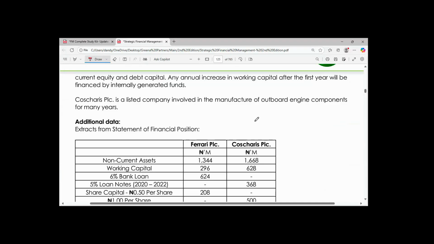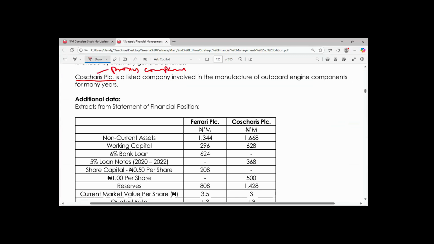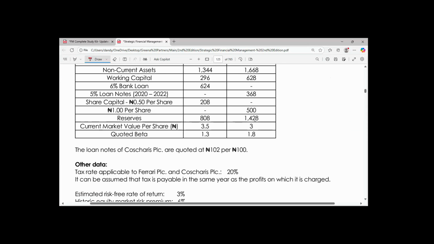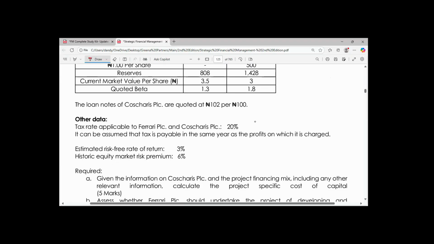Coscharis PLC is a listed company involved in the manufacture of outboard engine components for many years. Additional data extracted from the statement of financial position is given as follows. The loan notes of Coscharis PLC are quoted at 102 naira per 100 naira.